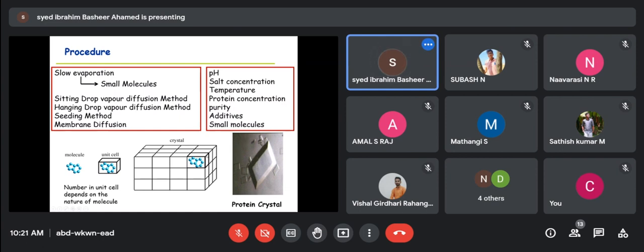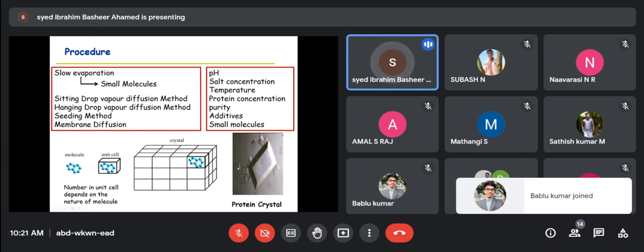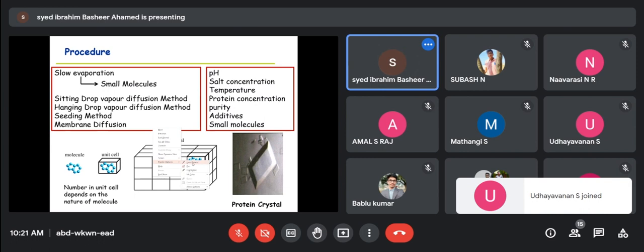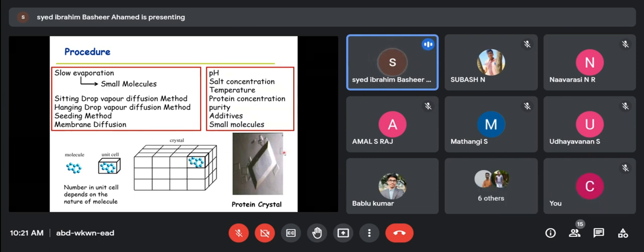Sometimes the protein will give you plate-like crystals, very thin, or needle crystals. These are not going to help you anyway. If you take these plate or needle crystals to the beam, nothing will come out.